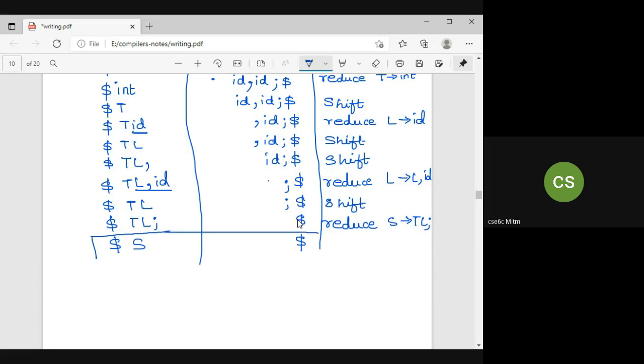In this stack, we have dollar followed by the start symbol, and in the input, we have dollar. So what is the action that we are going to take? We are going to take the action of accept. So this is how we are going to accept a valid input string.